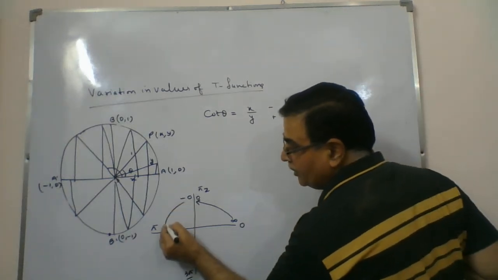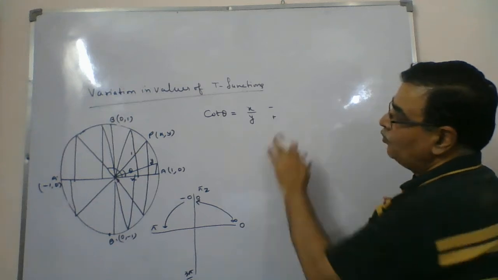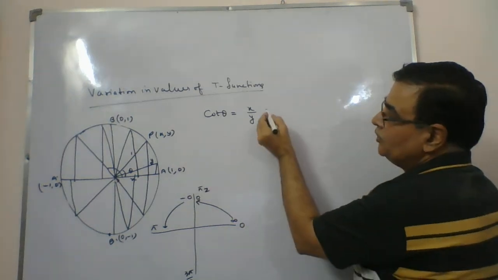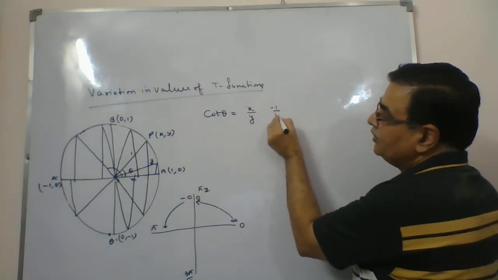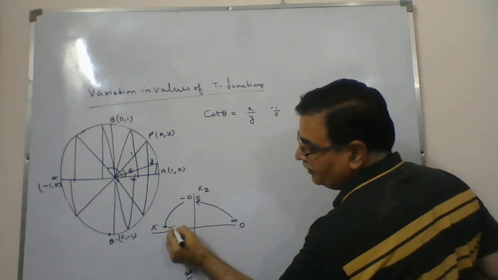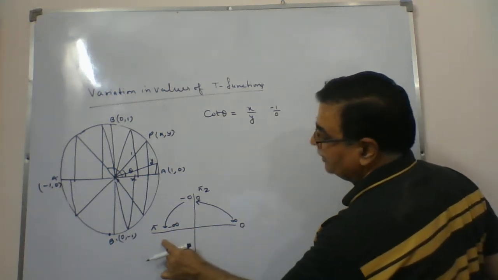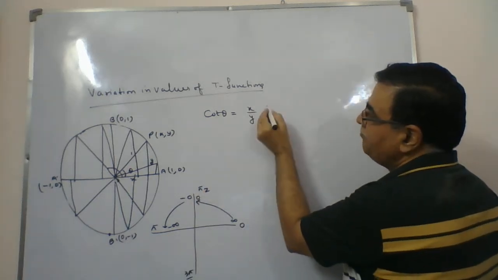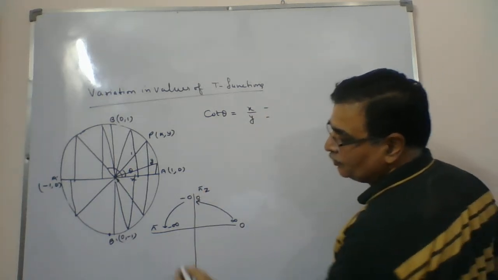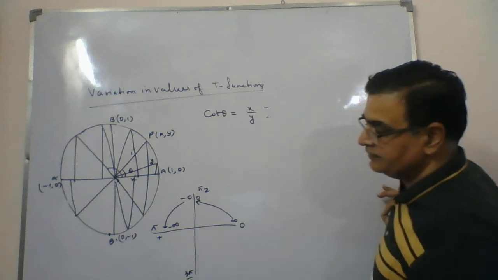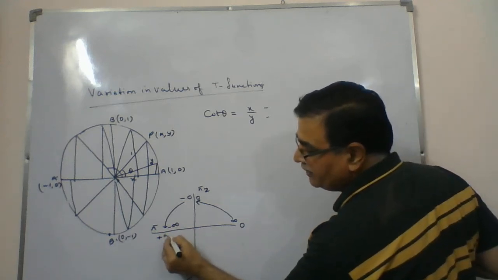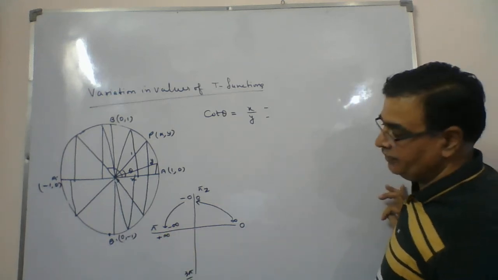Now when you reach here, what will come? It will be minus 1 by 0. That will become minus infinity. When you reach here, this will be minus and this will be minus. So this will come out to be plus. And this minus infinity is now going to turn into plus infinity.